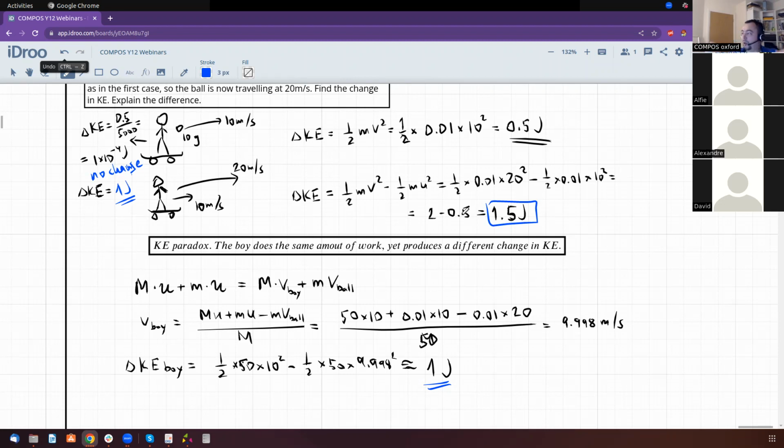But as the boy rolls at a significant speed, like say 10 meters per second, and he throws the ball, he slows down a tiny bit, but that tiny change in velocity produces a much bigger change in kinetic energy. Therefore, the boy loses 1 joule of kinetic energy, and that 1 joule goes to the ball. So we have resolved the paradox.